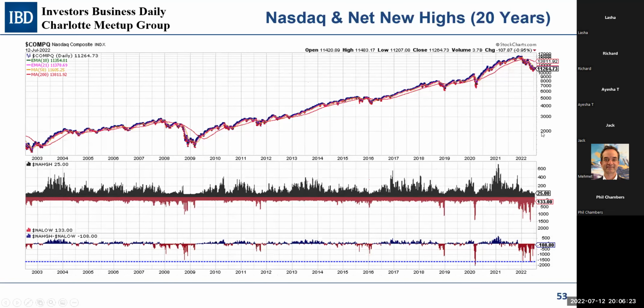Yeah, Minervini calls this a hard penny environment. And this is a great chart because it shows what 20 years of that. And you can see really how devastating this bear market has been under the surface. It's virtually impossible to make money when the number of new lows far exceeds, and we're far exceeding new highs.